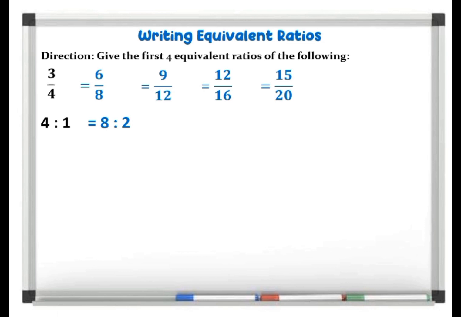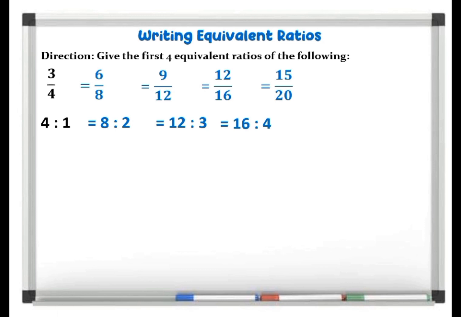Okay, next, let us multiply 4:1 by 3. So, 4 times 3, the answer is 12. 1 times 3, the answer is 3. Okay, next, let's multiply 4 and 1 by 4. So, 4 times 4, the answer is 6. 1 times 4, the answer is 4.